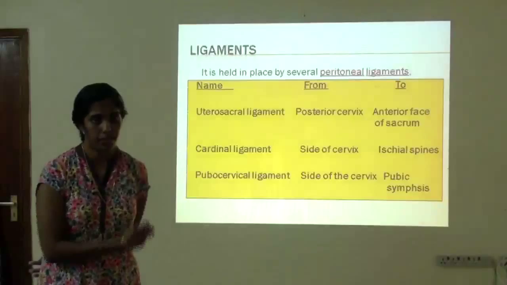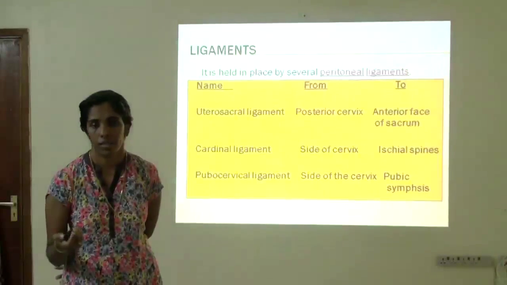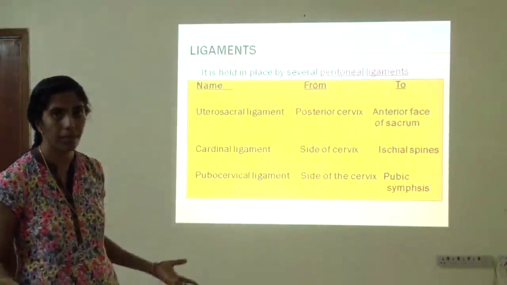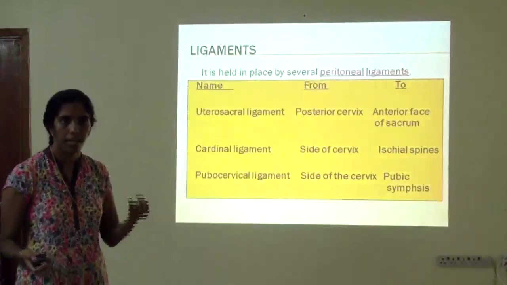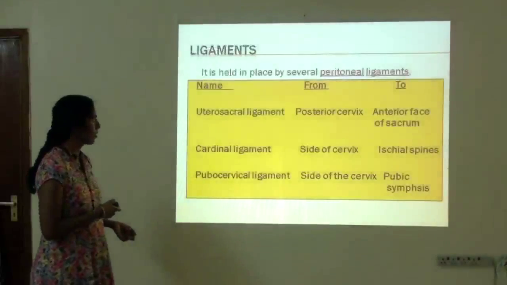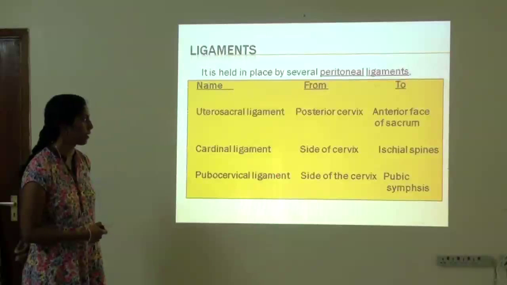Now you have the ligaments. The uterus is held in place by several peritoneal ligaments. There are 3 peritoneal ligaments: the uterosacral ligament, the cardinal ligament, and the pubocervical ligament.